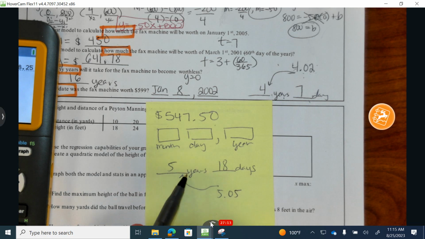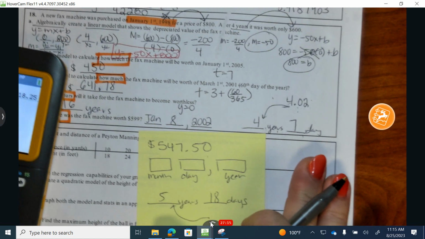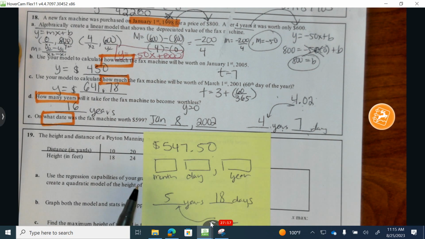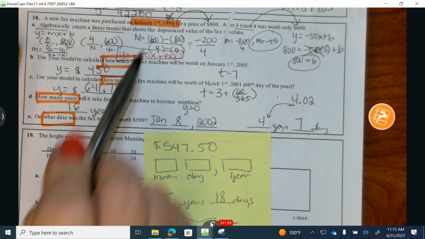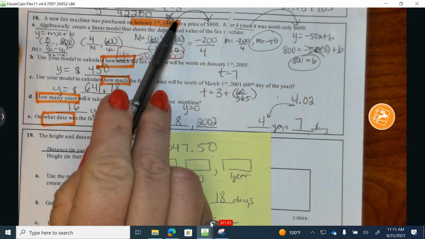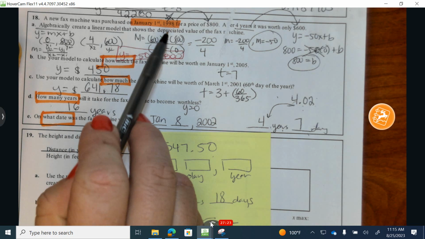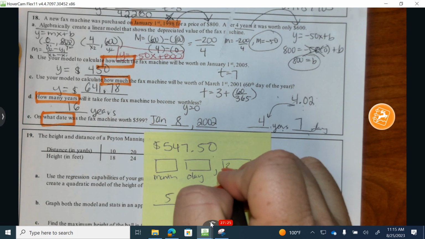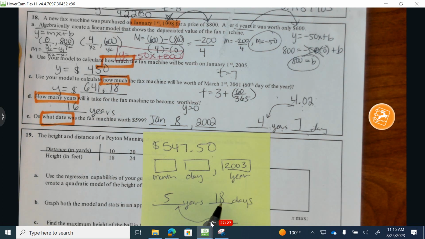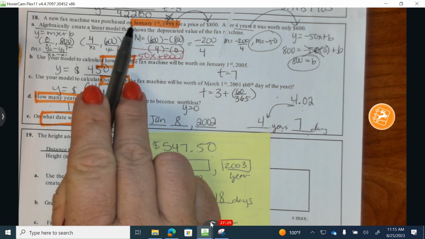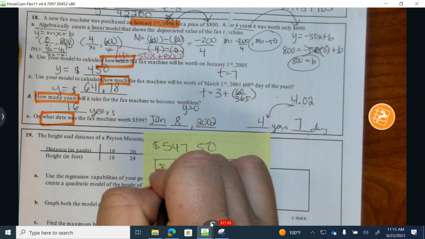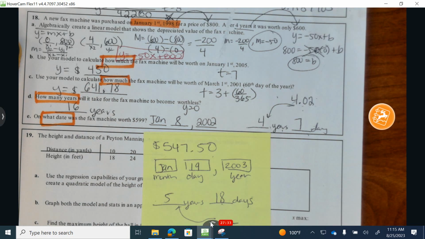Now, we start on January 1st, 1998. If you add 5 years to 1998, and you can use a calculator, you would end up with 2003. If you add 18 days onto January 1st, it would be January 19th.